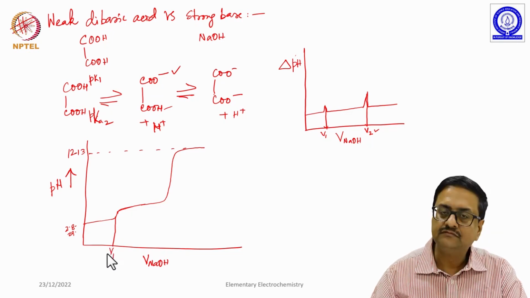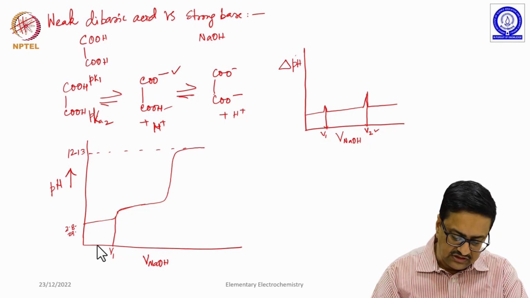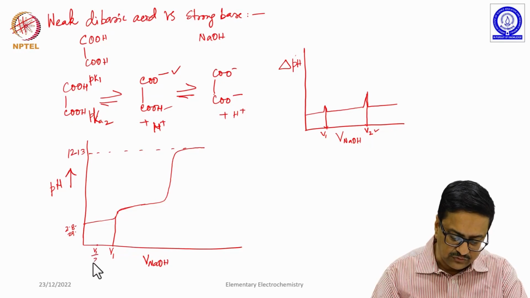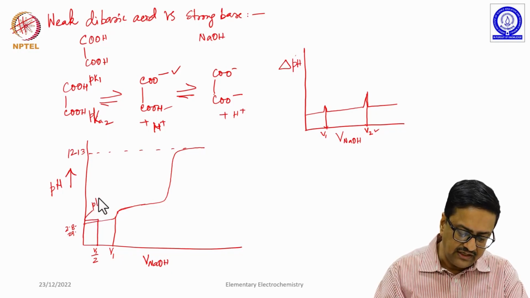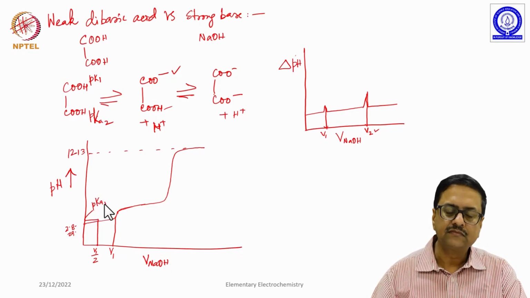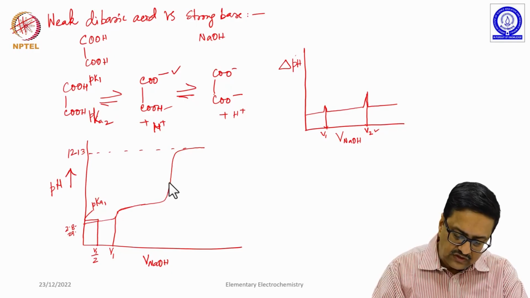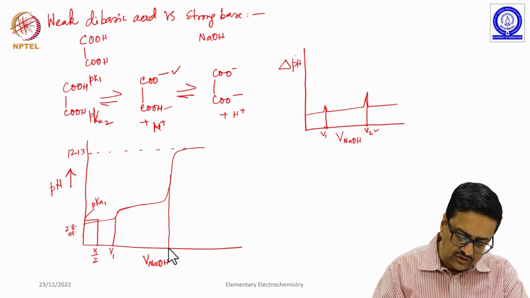Suppose this is the value for V1. At this point, which is V1 by 2, the corresponding pH is your pKa1. Then there is this volume V2.